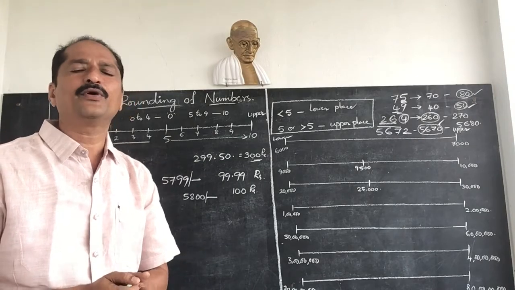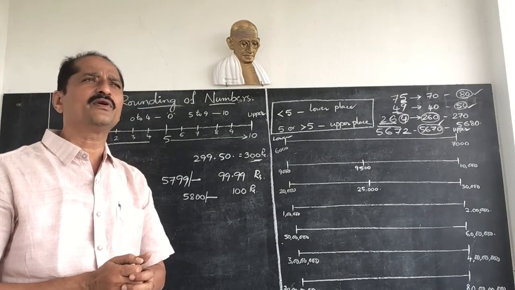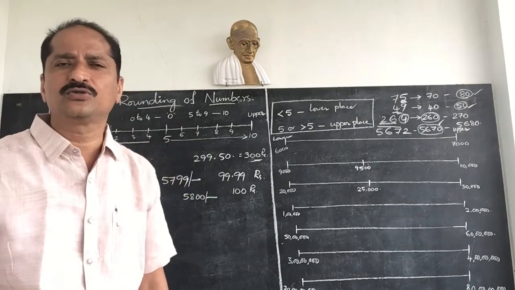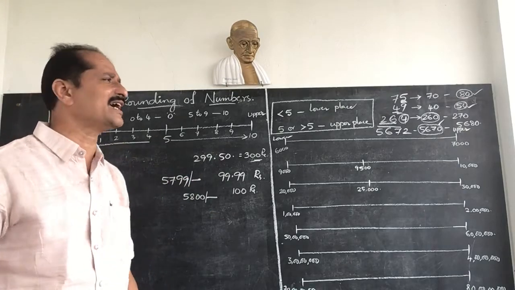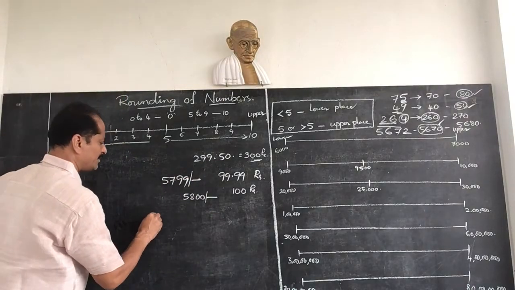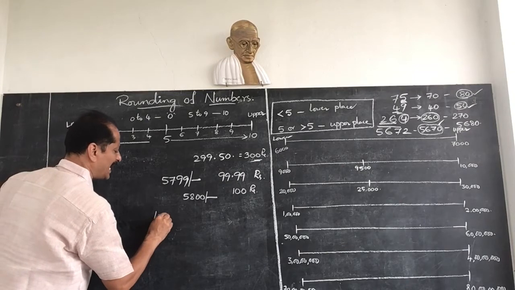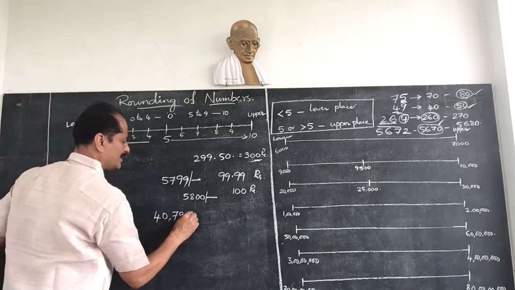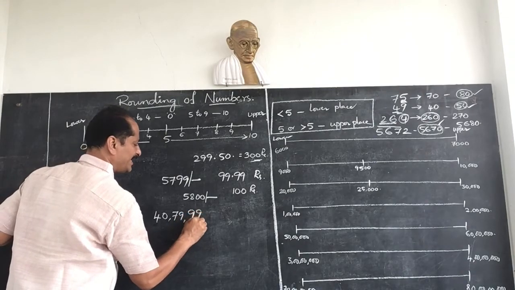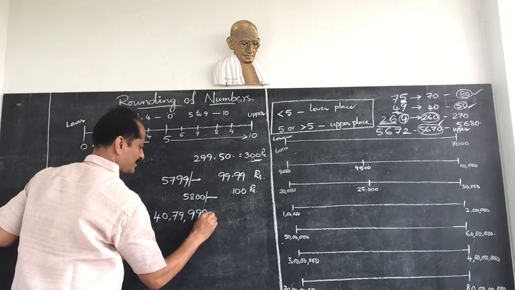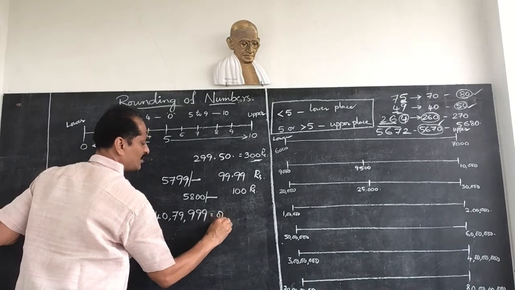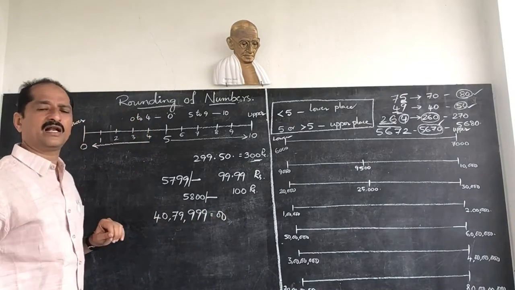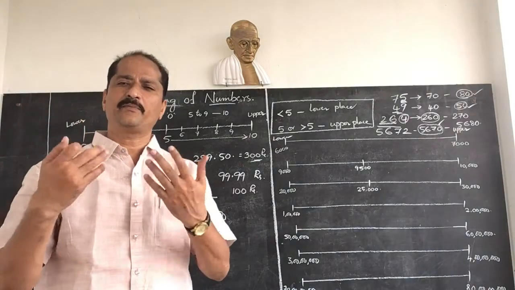For example, to construct a house, it becomes 40 lakhs 79,999 rupees. Done. For constructing a house, this much will happen. And how much will we pay him?